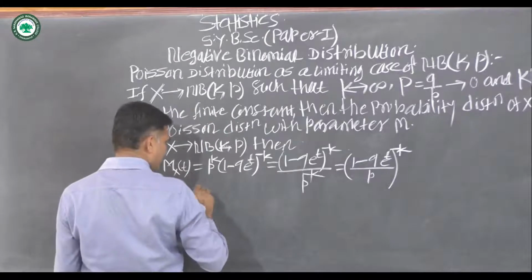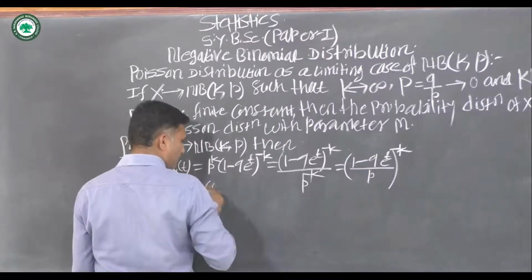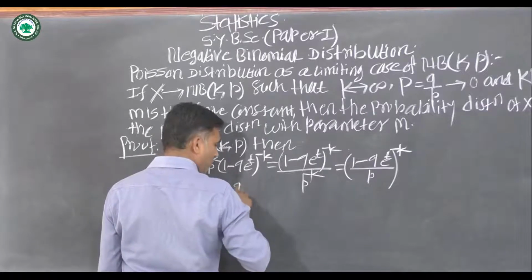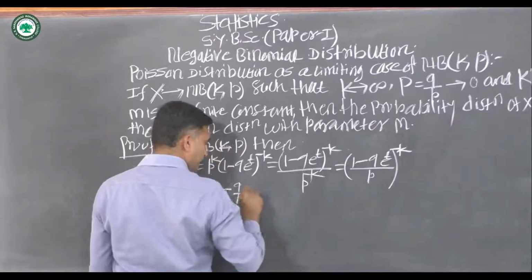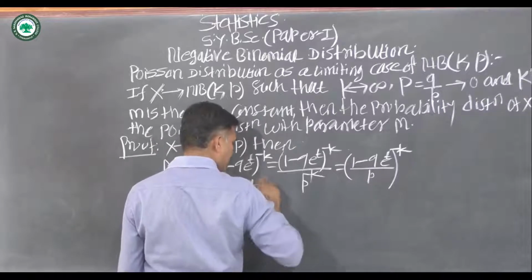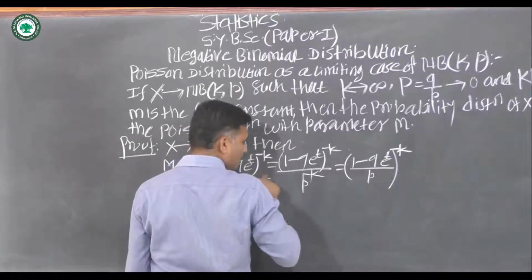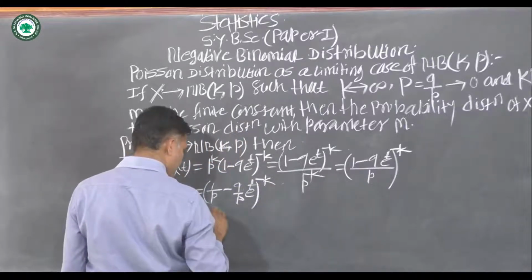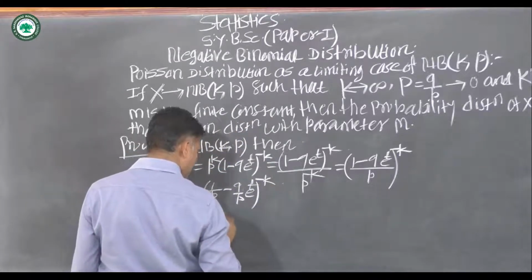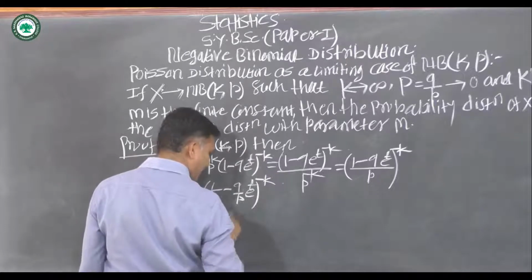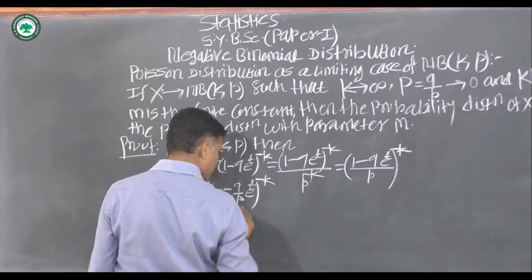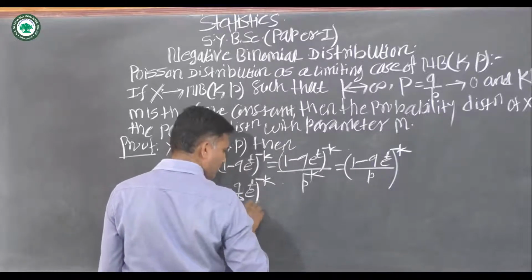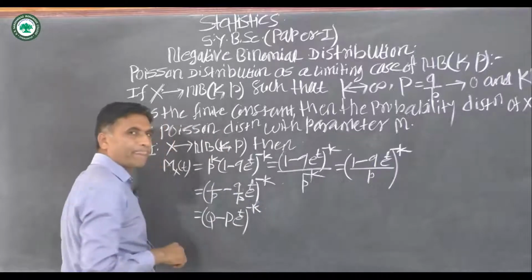Now this can also be written as (1 upon p minus q upon p into e raised to t) raised to minus k, which is equal to (capital Q minus capital P into e raised to t) raised to minus k.